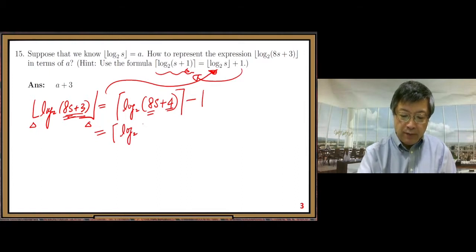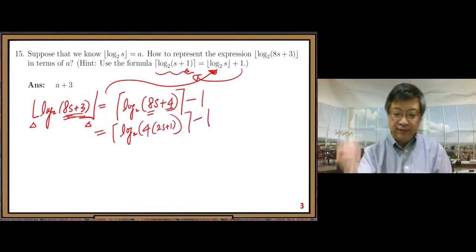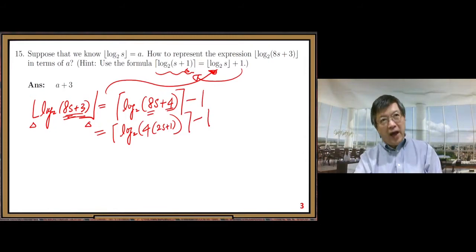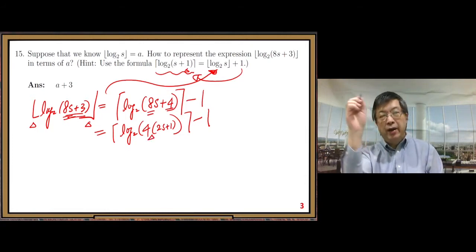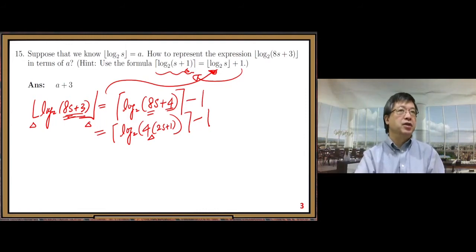This time we take that 4 out: 2s plus 1, minus 1. Then we can use a property of log of a product of 2 positive numbers.